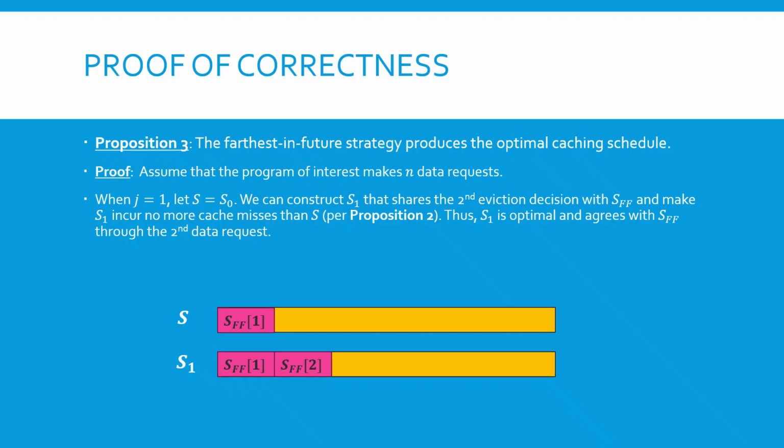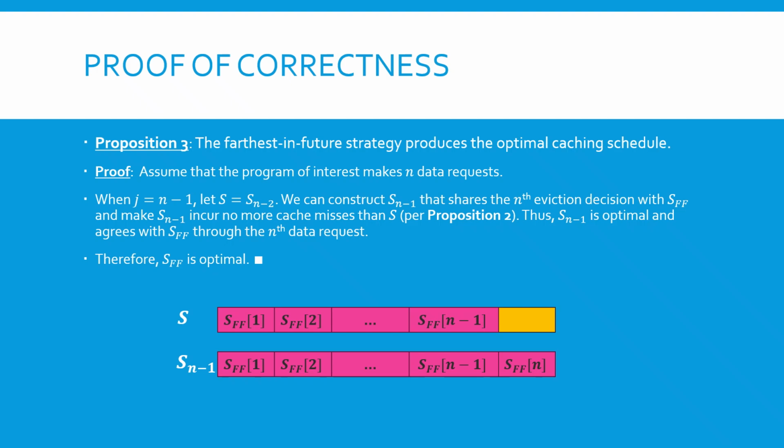Since S0 is optimal and already agrees with SFF on the first request, proposition 2 implies that we can construct another schedule S1 that is both optimal and agrees with SFF on the first two eviction decisions. We can repeat this argument for J equals 0, 1, 2, and so on, until we reach the end of the access sequence.